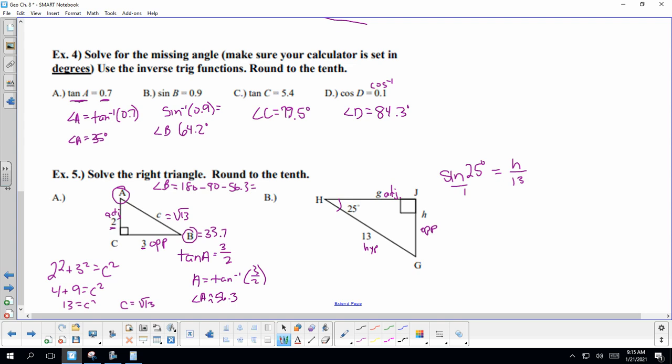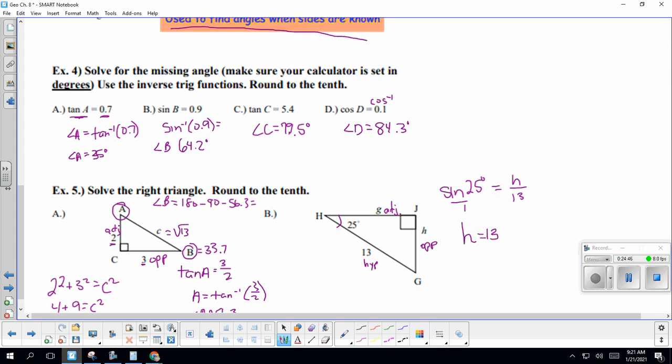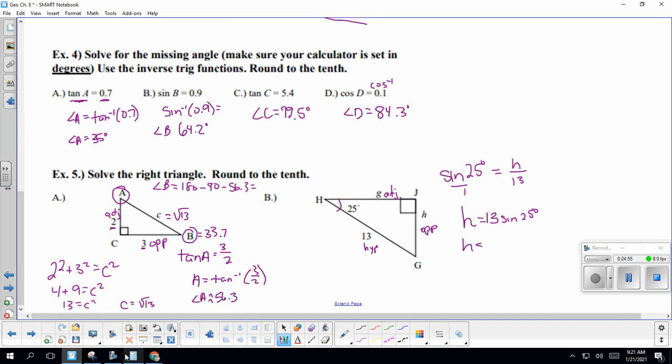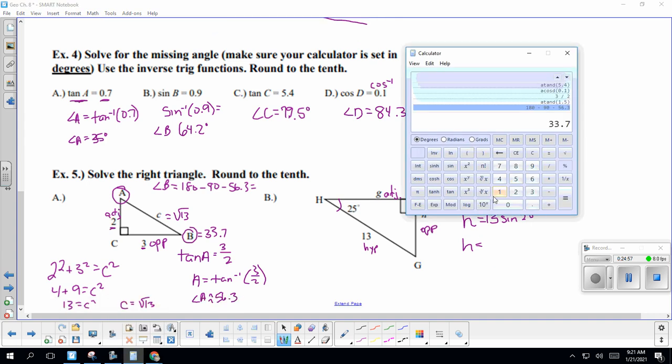Okay, you guys, we cross multiply. H equals 13 times the sine of 25. And H equals, let's do that math on our calculator, 13 times sine of 25, and that's 5.5.